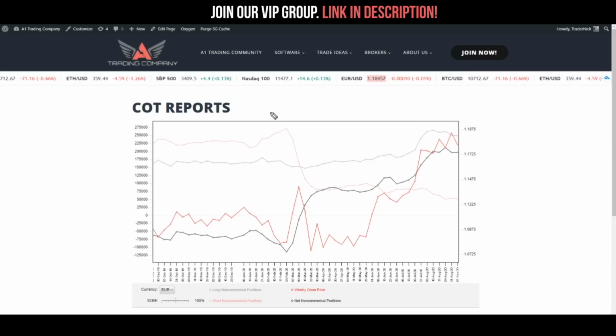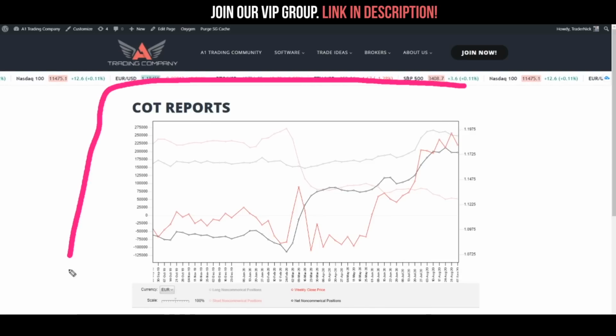And it can give us an idea of what the larger players in the Forex or actually futures market are doing, because this is based on the futures, but currencies can be traded on futures. A little bit confusing for the new traders, but just know that this is giving us a general idea of the overall currency market here for the last several weeks.